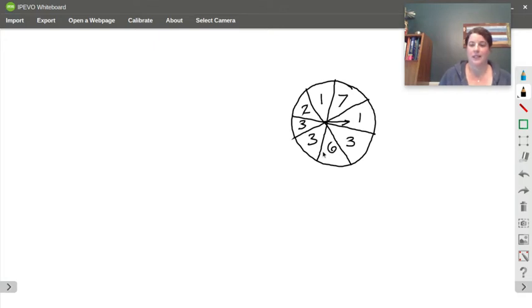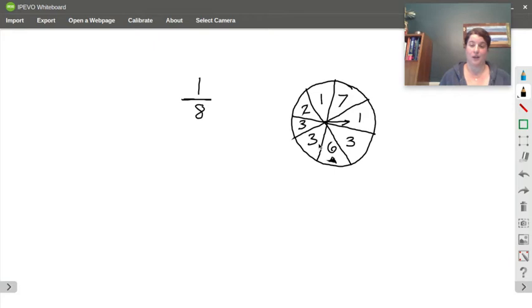Well, we can see on this spinner there's only one 6, right? Just this one right here. So we have one possible 6 on our spinner out of a total of 8 spaces. 8 possible spaces. So our probability of spinning a 6 is just 1 out of 8.